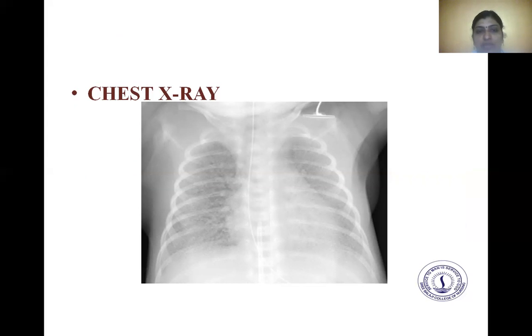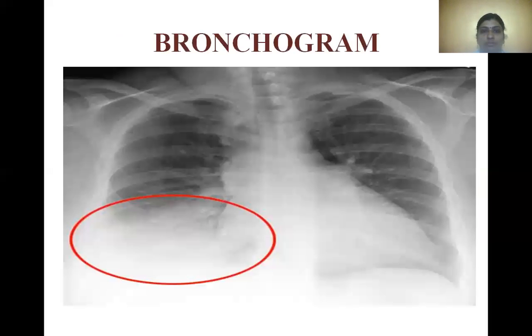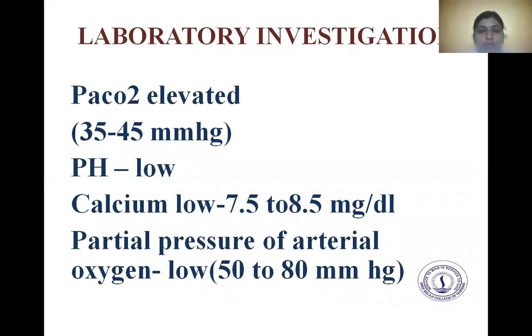In the chest X-ray, we can see atelectasis. In the bronchogram, we can see an air-filled bronchogram. Apart from this, we have to do a complete blood count for the babies. The PCO2 level will be elevated. The normal carbon dioxide level is 35 to 45 mmHg; it goes above 50, so levels will be elevated.